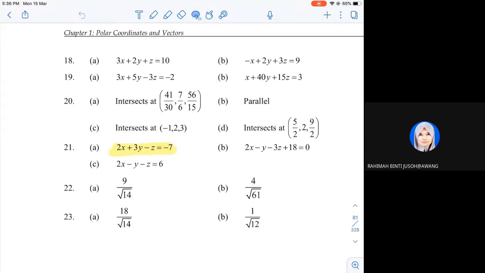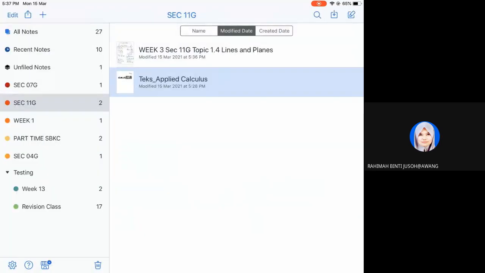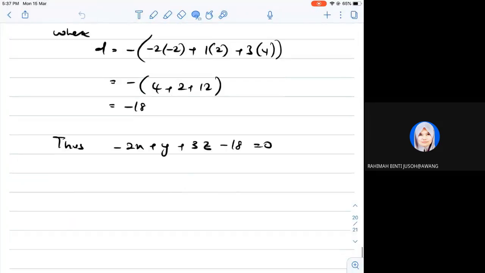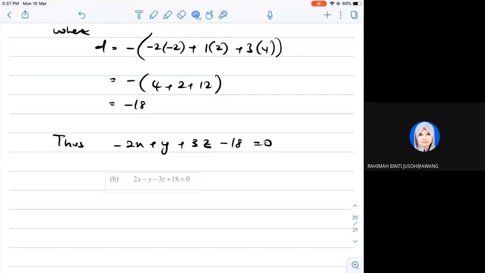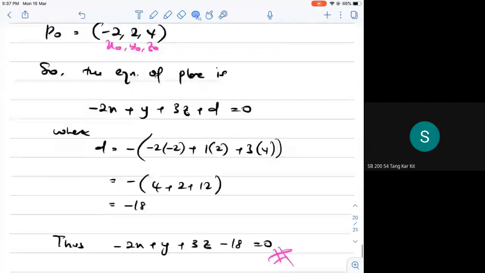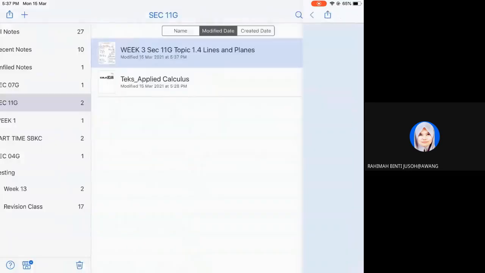Ni, samalah lebih kurang lah. Sama lah kan? Dia cuma pindahkan negatif tu je. Okay. So that's it. That's the answer for this question. Okay. Boleh guys? Boleh. Okay, good. Very good.